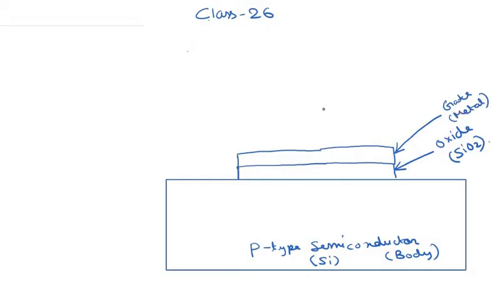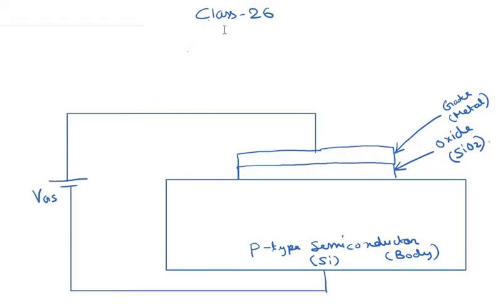Okay, and then on the top of this oxide layer we will fabricate this metal gate. Now this gate and the body are basically biased by a voltage source which we call VGS. Okay, and here we basically fabricate two N plus regions.